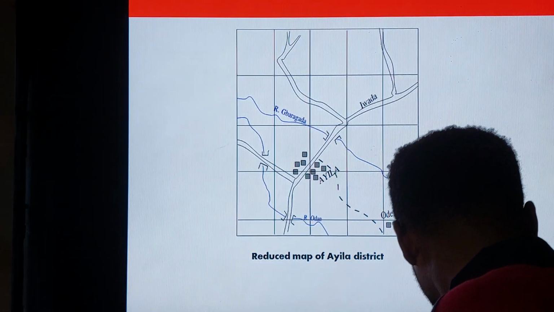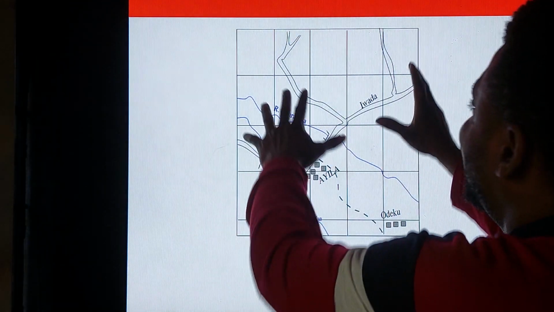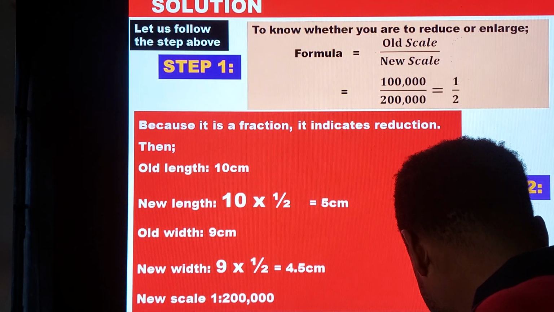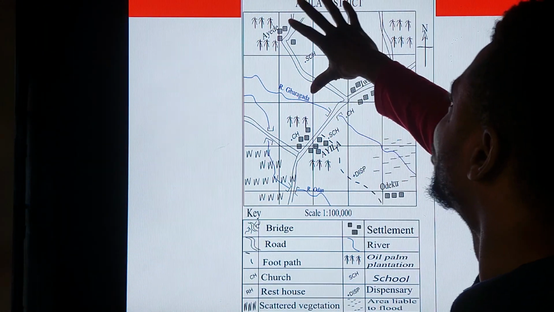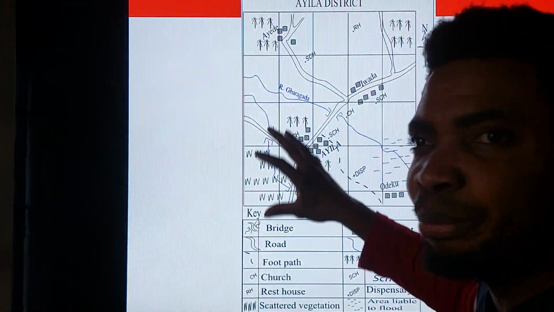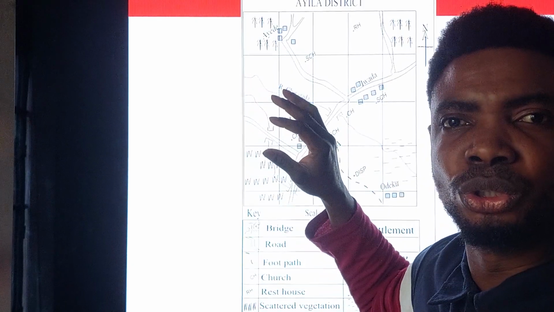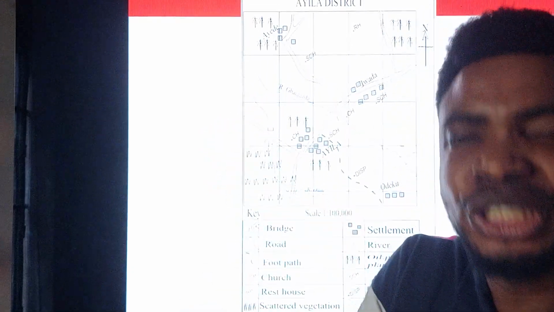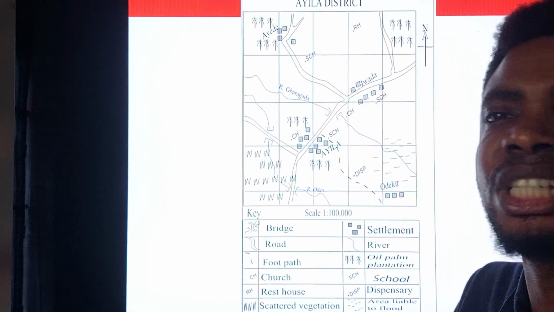Alright? So when you divide the old map like this, it will help you to know where to insert all the features you are asked to insert in the new map.